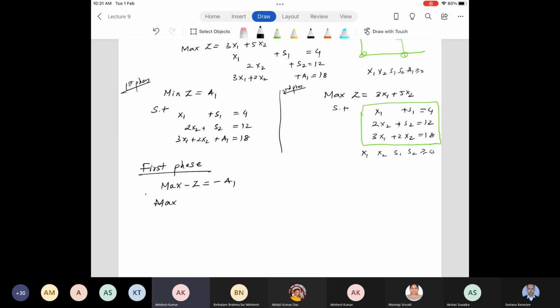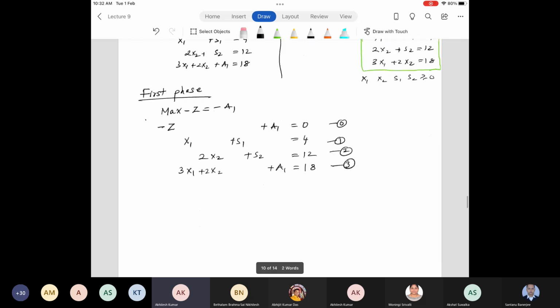Minus g plus a1 equals 0, and my constraints are x1 plus s1 equals 4, 2x2 plus s2 equals 12, and 3x1 plus 2x2 plus a1 equals 18. This is my equation 0, 1, 2, and 3.